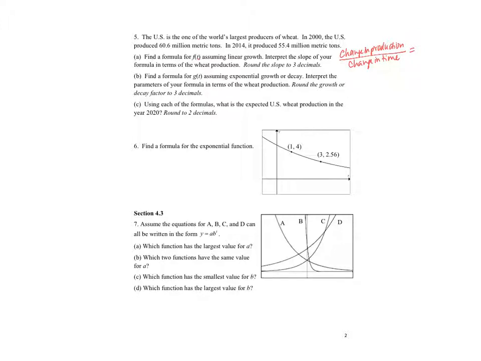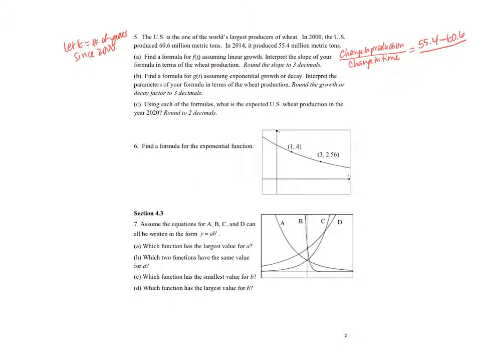well, maybe we want to let t be the number of years since 2000. Okay, and so the change in production is, in 2014, 55.4, and in 2000 it's 60.6.